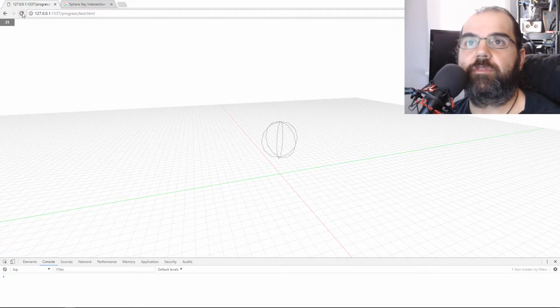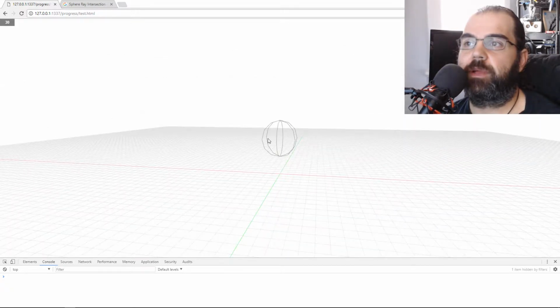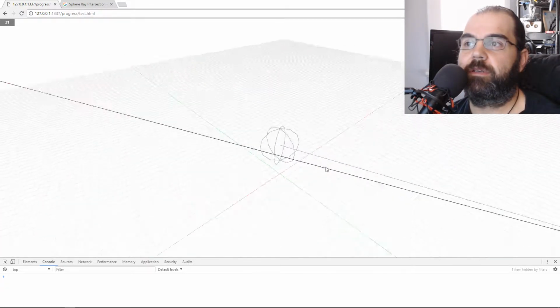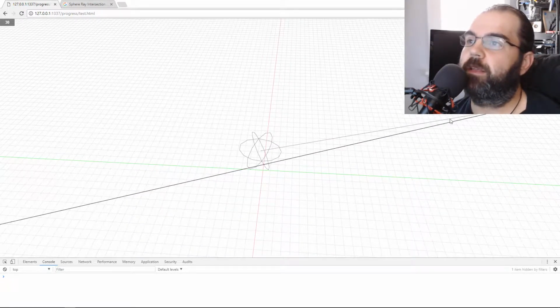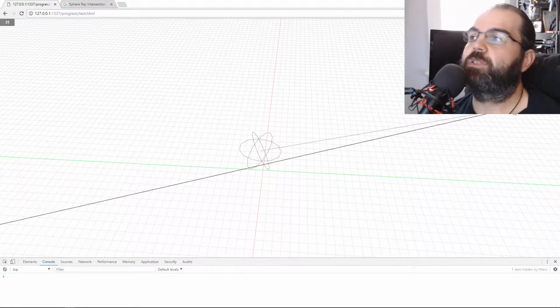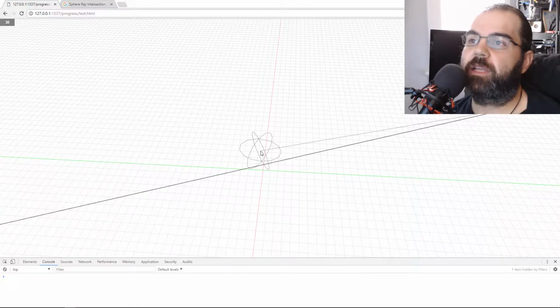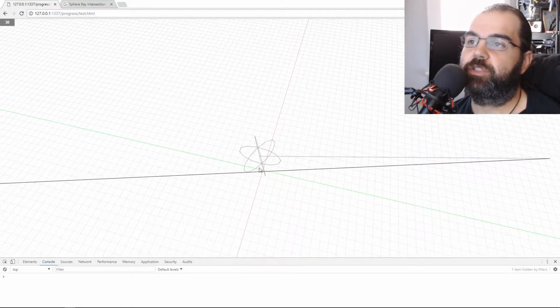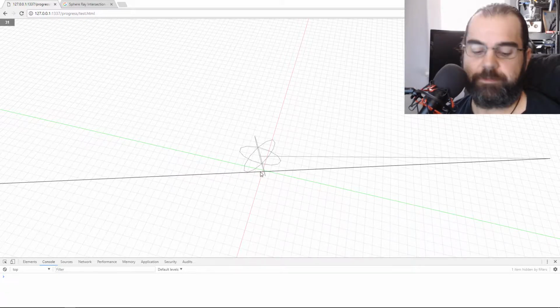If I was going to shoot a ray right through the sphere, that's the first thing we're figuring out: the distance, or the vector length, between the start and the sphere. Now that we have this length, we need to project it onto our array. This way we can find the shortest point on our array to the center. The shortest point is right here, which is what you get if you do a projection.